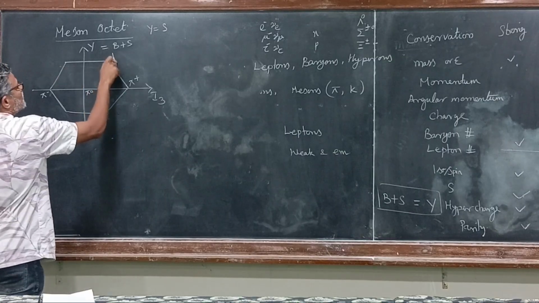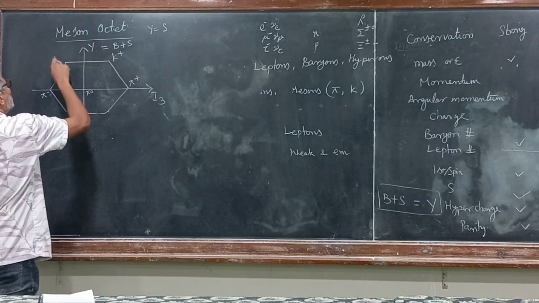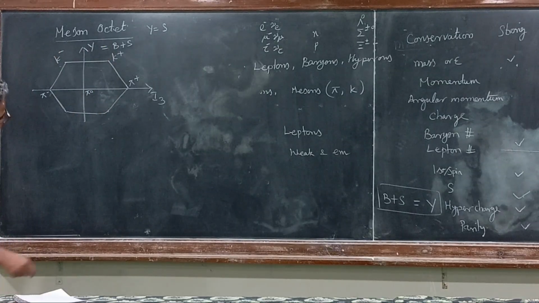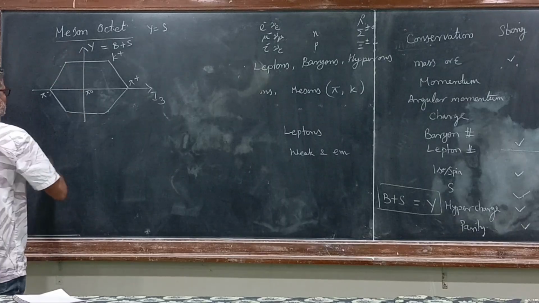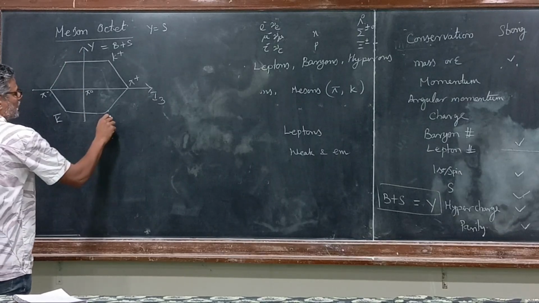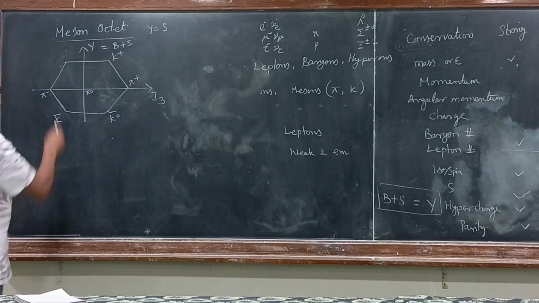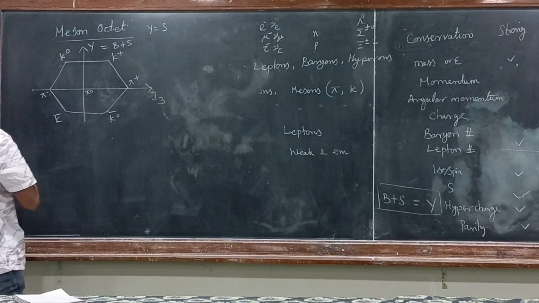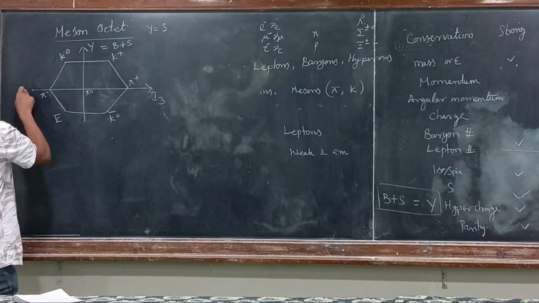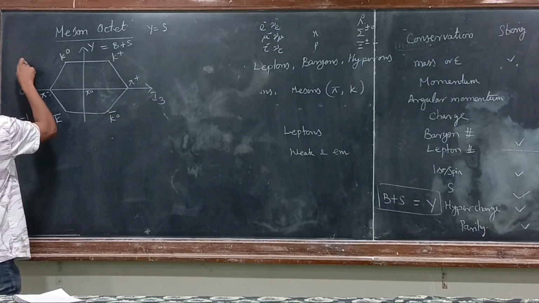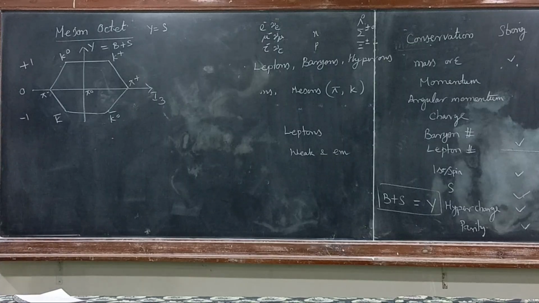The K meson, let's say this is K plus, then K minus, K0 bar and K0. So this value is basically 0, this horizontal, and this one is minus 1 and this is plus 1. That's how strangeness and hypercharge are equal in this meson case.